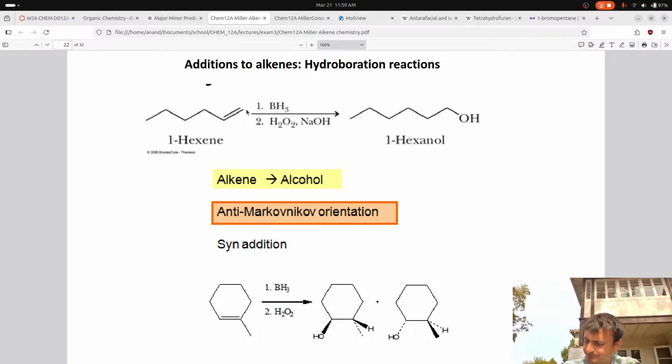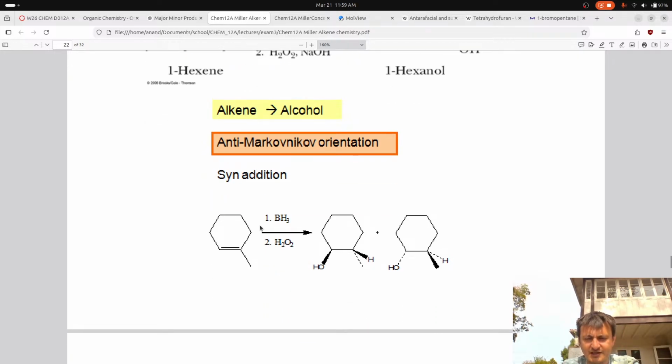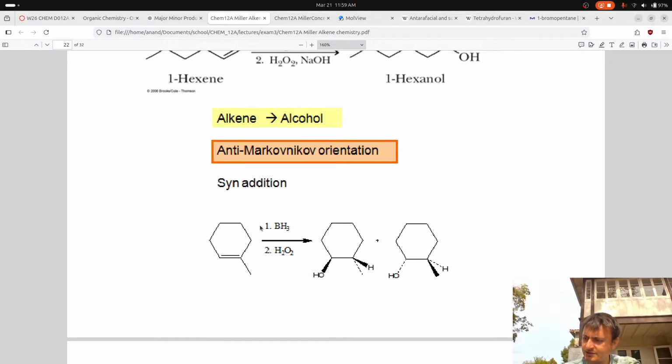We add BH3, and then we add a peroxide H2O2 and a strong base NaOH. And then we get 2, 3, 4, 5, 6 OH. So wait, but where's, oh, here we go. We need a picture of the syn. Yeah, okay, so syn addition.